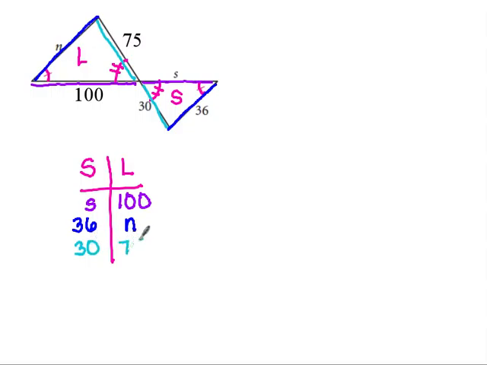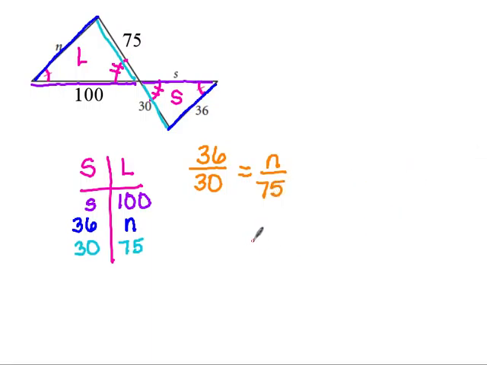Now this one's a little different because I need to find 2 variables. So I'm going to start with finding N first. And that sounds a little weird, but I'm going to go ahead and find N first. So 36 divided by 30 equals N over 75. I think I said 30 divided by 36. That's wrong.